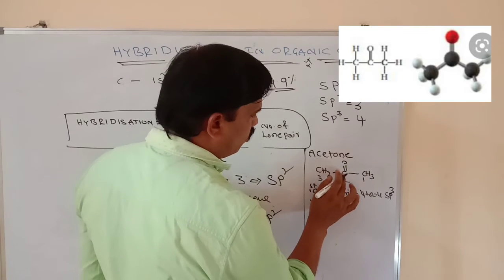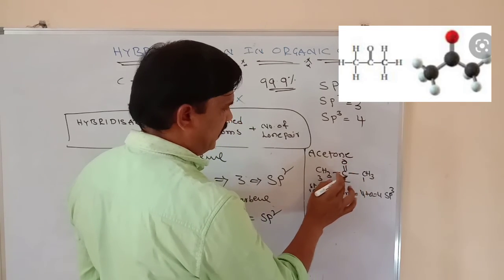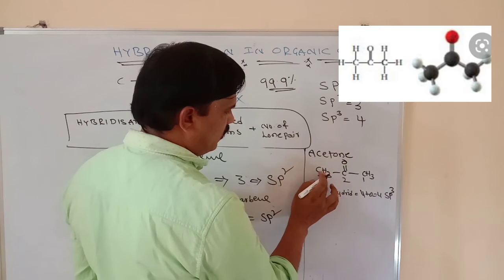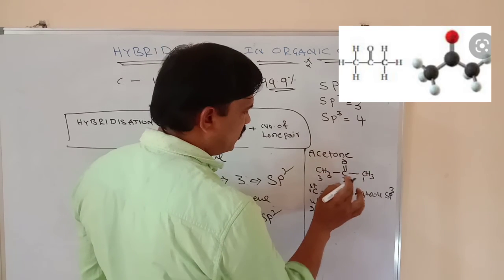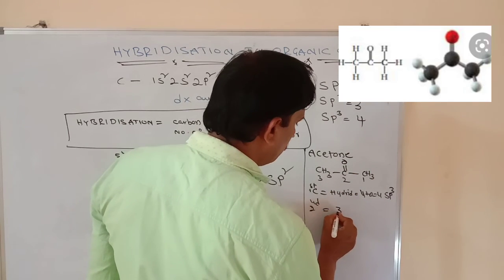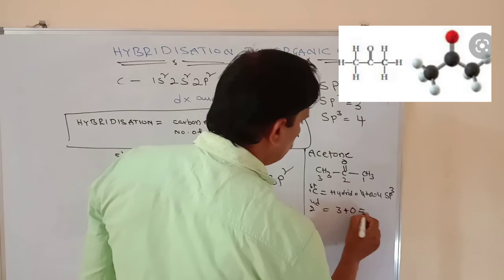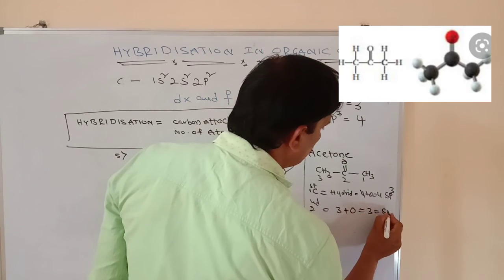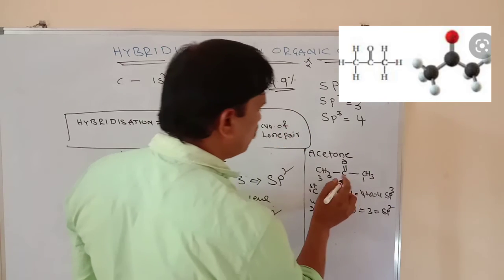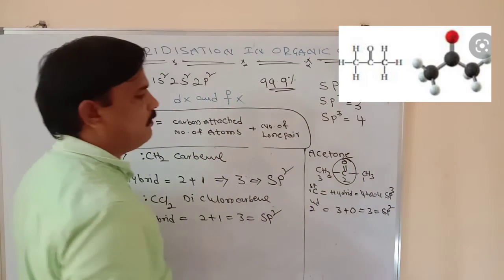Second carbon means the C double bond O group is there. In that group, a pi bond is there. The pi bond is excluded in hybridization, as I already said. Now this carbon is attached to 1 carbon, again 1 carbon, and 1 oxygen. So the total is 3 plus number of lone pairs 0, which is 3 only. So the C double bond O carbon is sp2 hybridized.